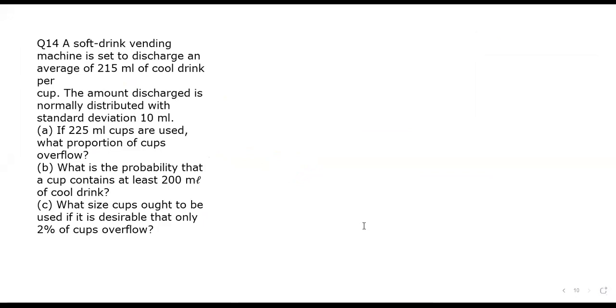Average means mean. So our mean is 215, and our standard deviation is 10. Part A, you're asked to find the probability: if 225 mil cups are used, what's the probability of an overflow? Overflow is synonymous to greater. So greater than 225.